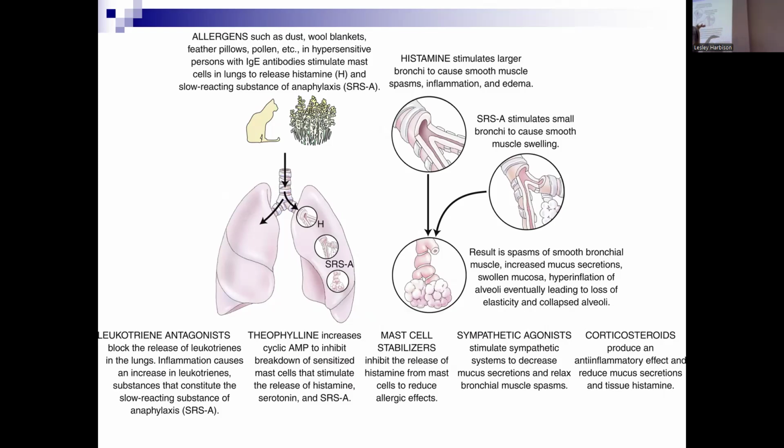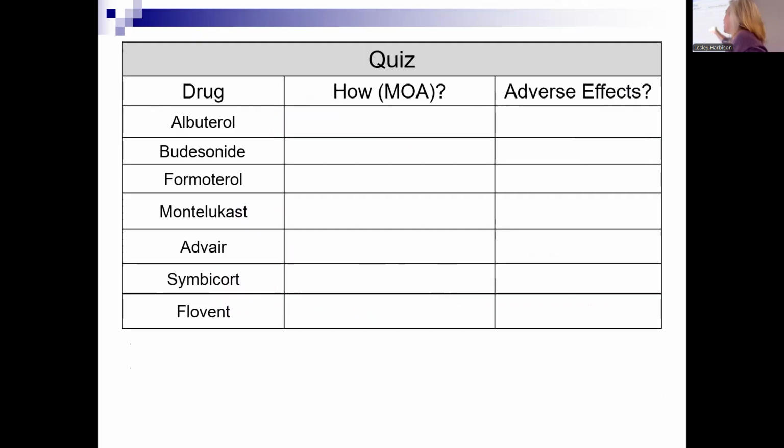You're not supposed to memorize this whole slide. Sometimes I'll pop in things that could help you put it all together. I still recommend the flashcards, but you still need adverse effects and mechanism of action. Like albuterol acts on beta 2 receptors: bronchodilation, xerostomia, increased heart rate.